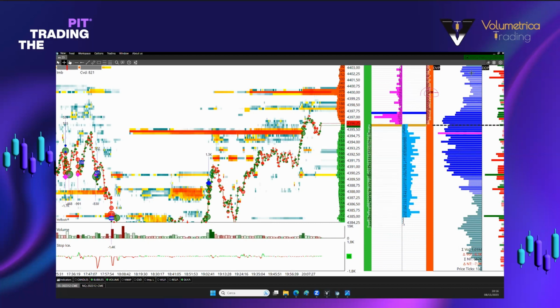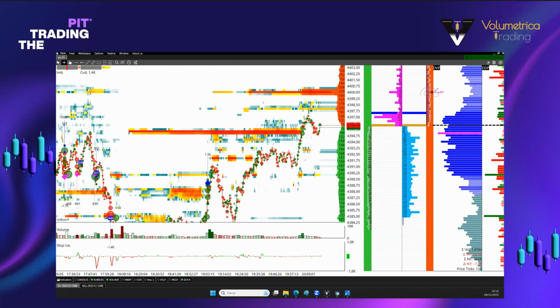And as you can see, that's an outstanding number of orders compared to the average of the other price levels close to that. Right? That means that here there are many passive sellers, willing to apparently sell with their pending orders.